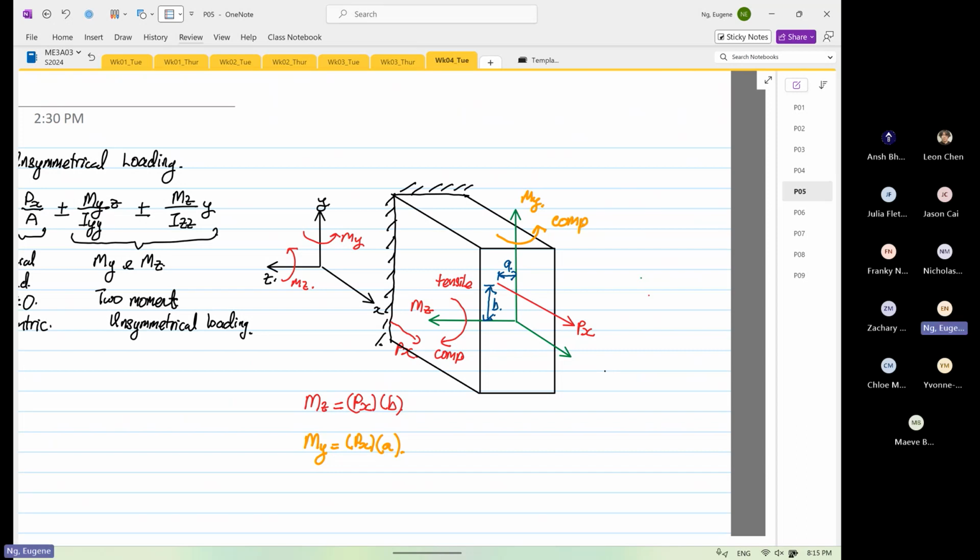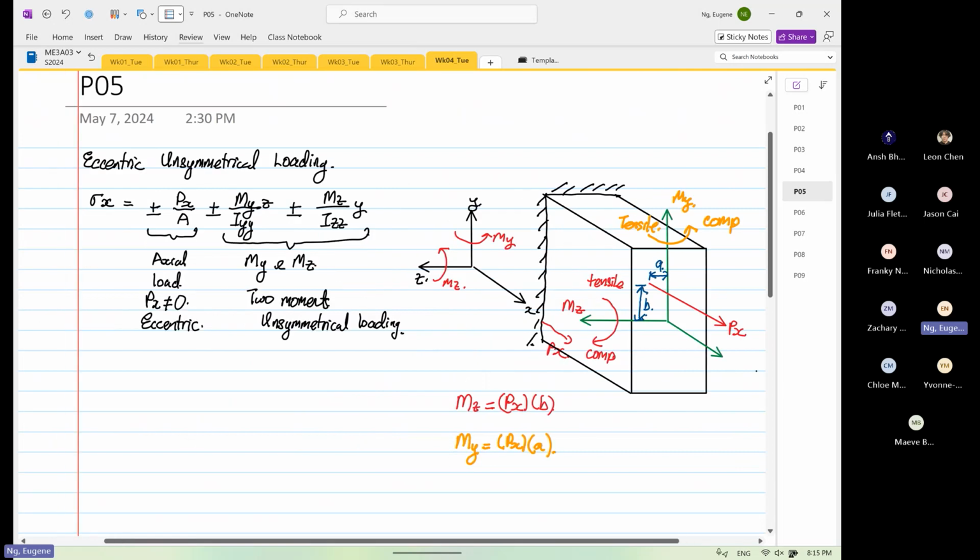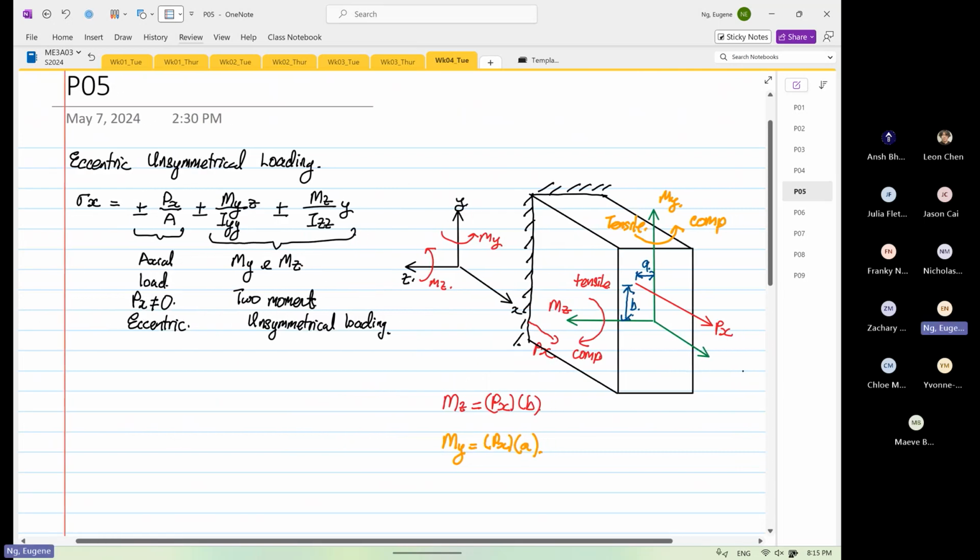Oh, hold on. Yeah, this is correct because of how it's drawn. And then this is tensile. So this is how eccentric unsymmetrical loading looks like.